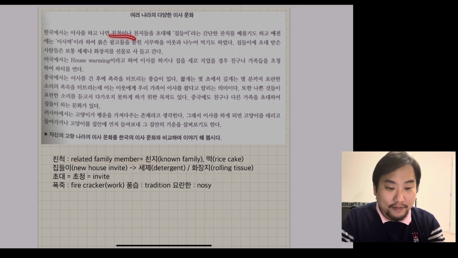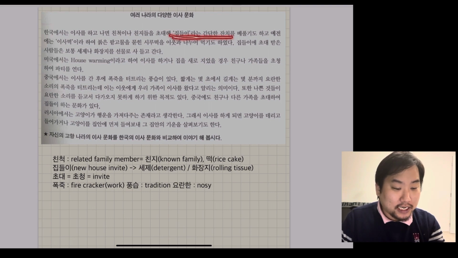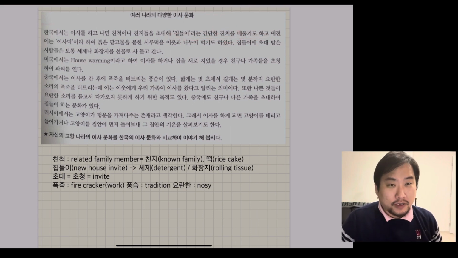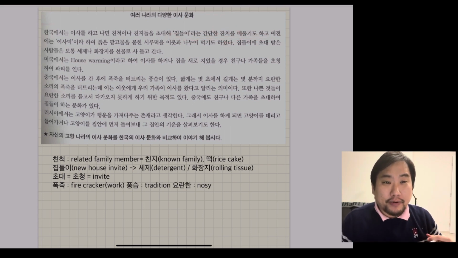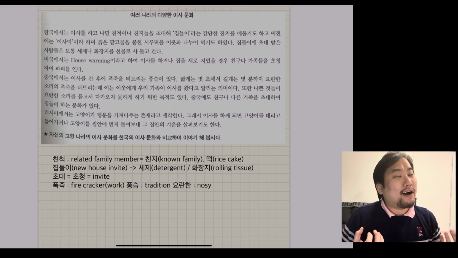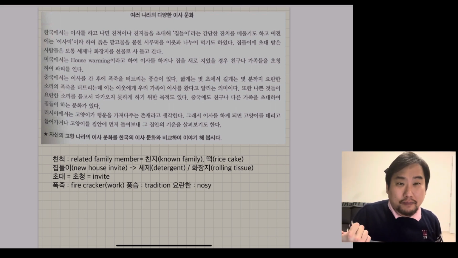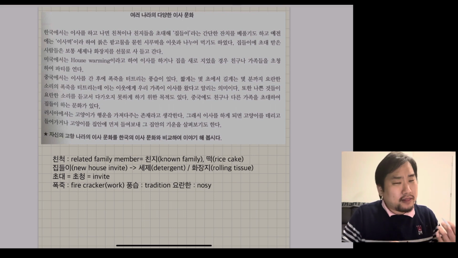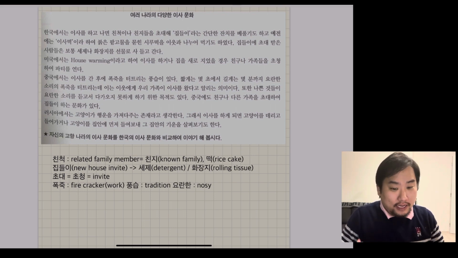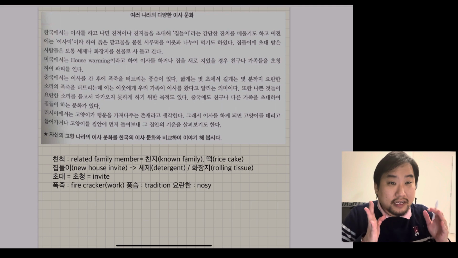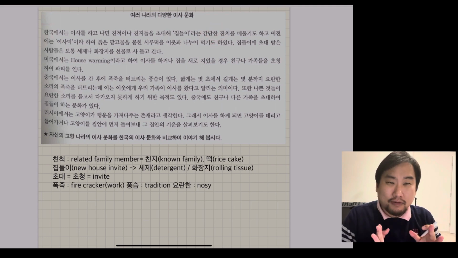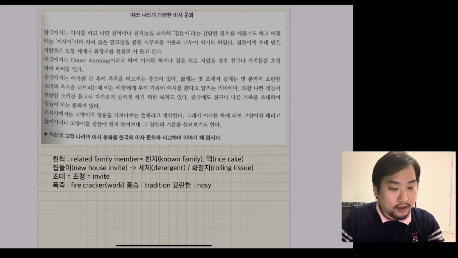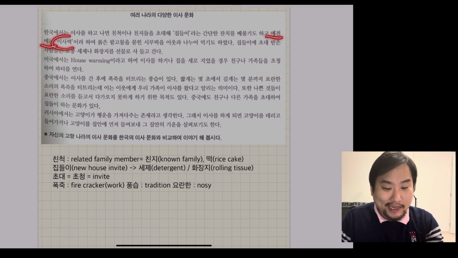So the family member를 invite 초대해 집들이라는 간단한 잔치를 베풀기도 하고. 잔치 is a festival. Long ago we just bought the house rather than renting, but nowadays it's a different concept. Here it's a simple festival 하고 예전에는 이사떡.